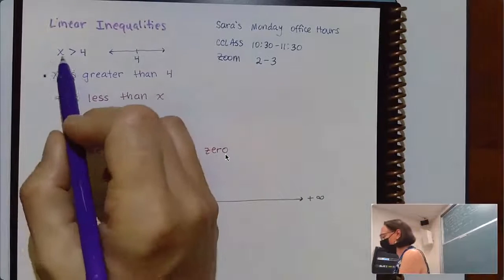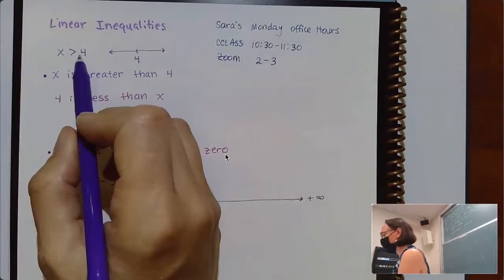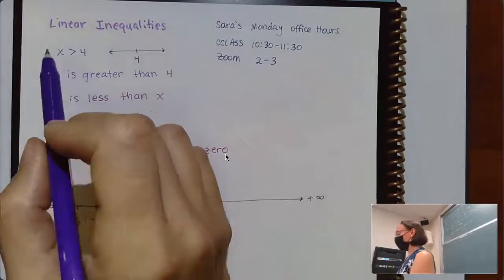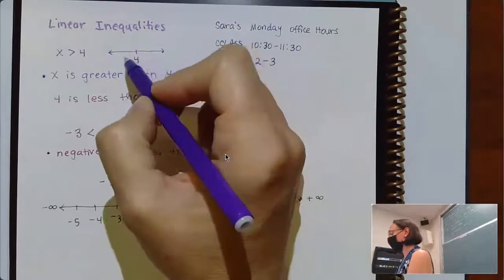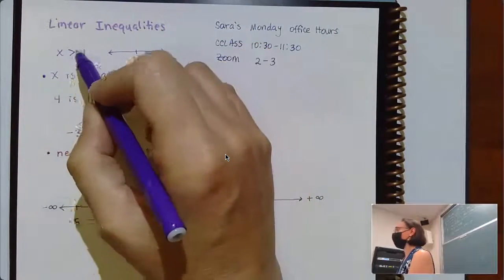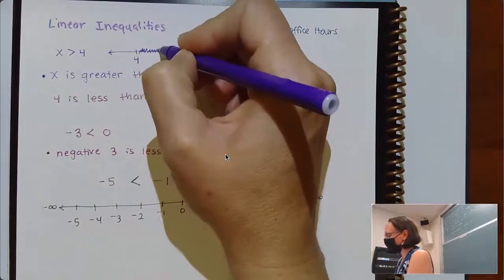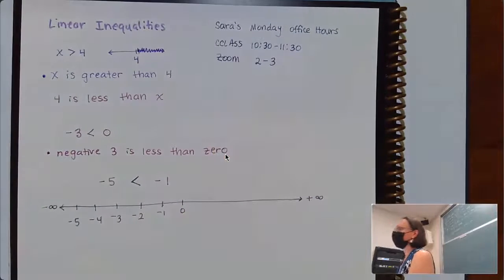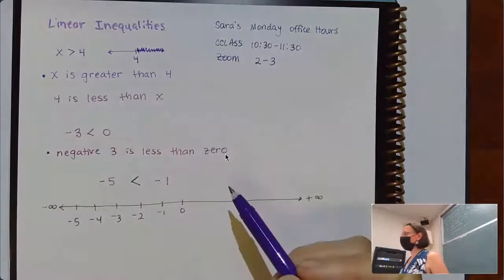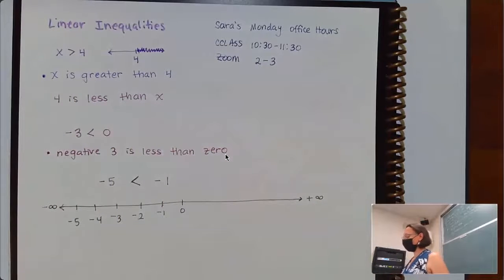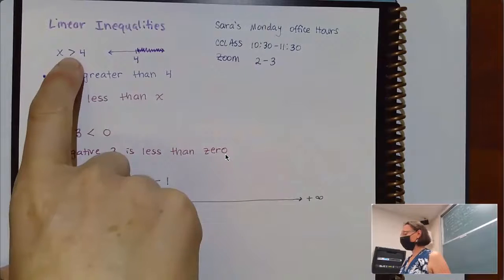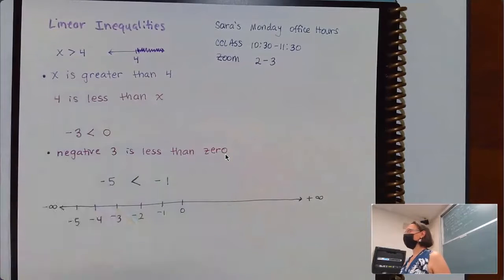So if X is greater than 4, then I'm thinking about which side of that 4 are the numbers that are greater than 4. So on the right-hand side, so I would shade this in. Now, another point about graphing, when I graph this inequality, I have 2 choices to show that it's a greater than.